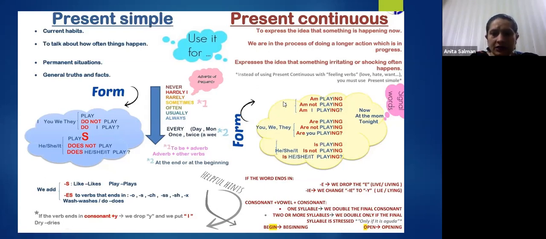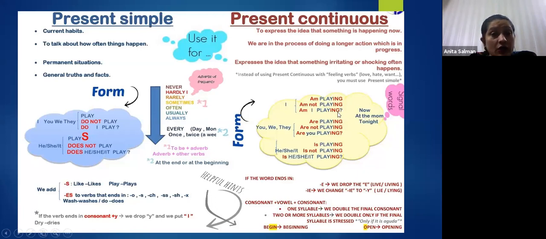Okay, if it is clear, we are going to move on and I'll show you more examples. You can see here what are the frequent words that we use with simple present tense and what are the signal words that we use with present continuous tense.